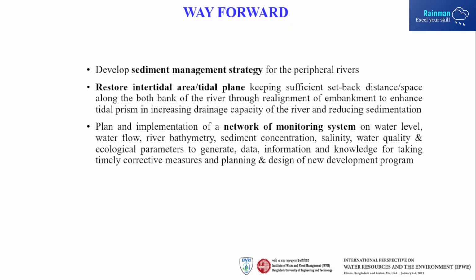We also need to develop a sediment management strategy and restore intertidal area and tidal plane if possible, and a network of monitoring systems like water level, water flow, river bathymetry, sediment concentration, salinity, water quality, and ecological parameters to generate data, information, and knowledge in case of emergency situations.